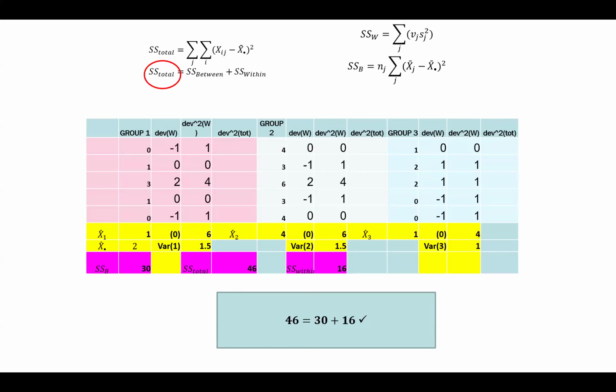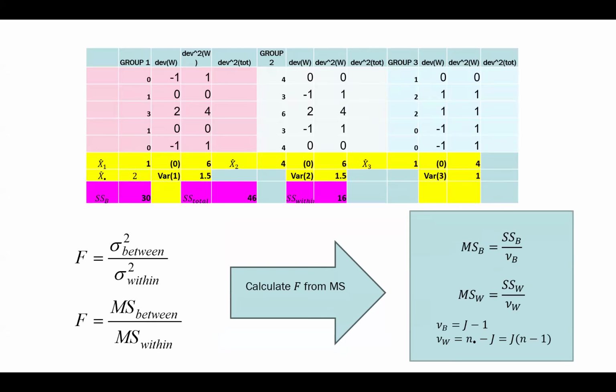Okay, so now we can proceed, having all of our sums of squares, to the much quicker phases of this, where we get the mean squares from the sums of squares and degrees of freedom, and then the overall F. We're still on step 4, calculating the test statistic. So, our F ratio is mean squares between over mean squares within.